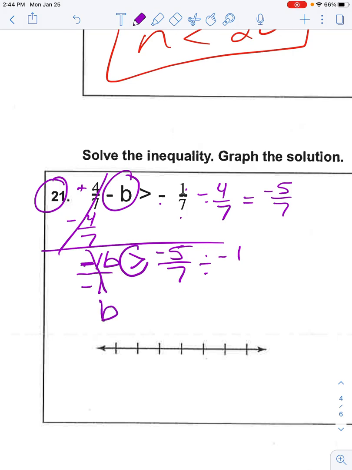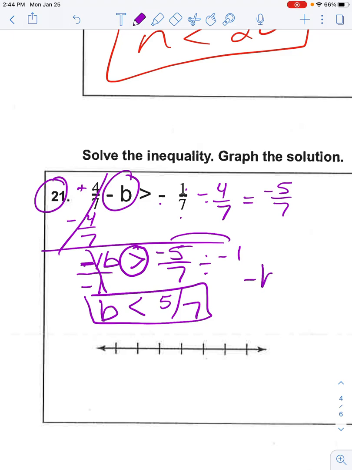Now, because I divided by a negative, we're going to flip the sign, and now a negative divided by a negative is a positive. So it's just a positive 5/7. It was originally this. Both of them became positives, and we flipped the sign.